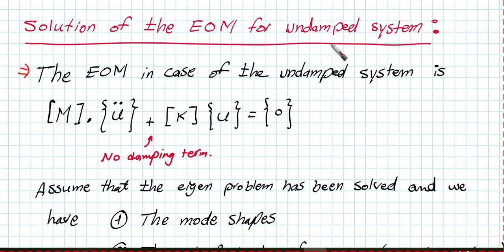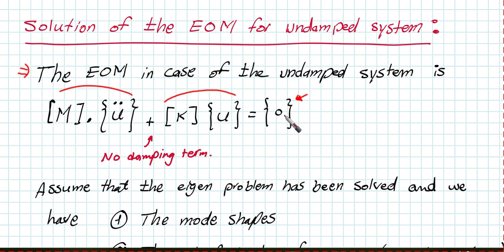The equation of motion is going to have different terms. On the left hand side we are going to have the inertia term, and then another term which is related to the stiffness or elastic force, and after that on the right hand side we have a zero vector.